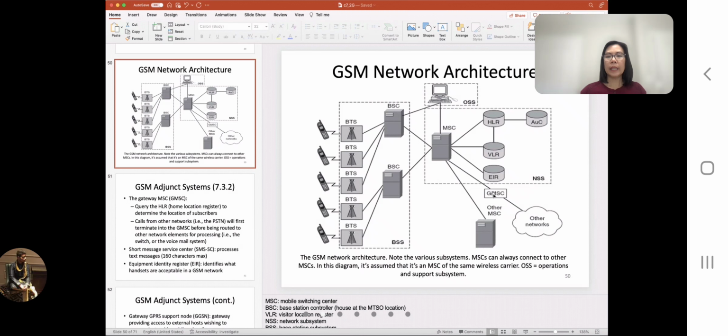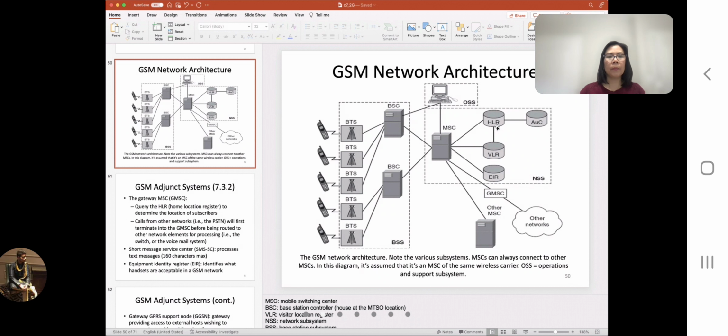So the first component is called a gateway mobile switching center. Okay, gateway mobile switching center. The purpose of the gateway MSC is to connect this network with other networks. So that's why it has the term gateway, all right? So specifically what it does is to query the home location register to determine the location of the subscriber.